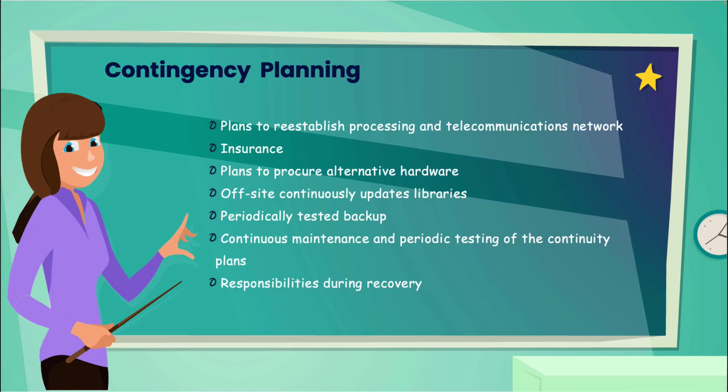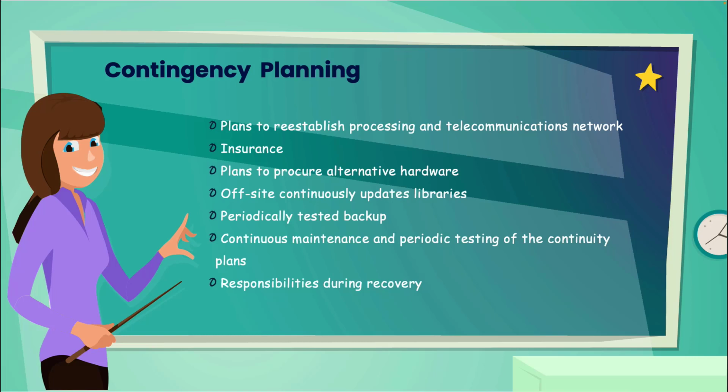There should be as well plans to procure alternative hardware, either from a specialized vendor if the destroyed hardware was originally customized, or off the shelf if there are components that are readily available in the market. You also need to maintain an offsite location with updated applications or software. You also need to do periodic testing for recovery and continuity planning.